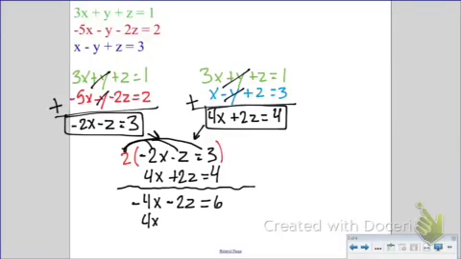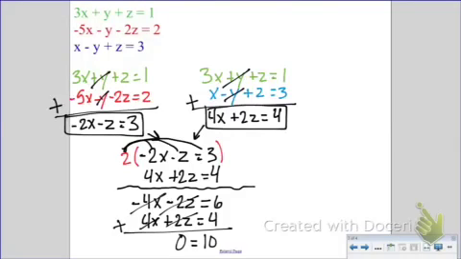Rewrite the bottom equation. Time to eliminate. Eliminate by adding will make the z's go away. Negative 4. Oh, look at that. X's also go away. So I have 0 equals 10. That is wrong. So again, remember, just like with the system of two equations with two variables, same thing in a system of 3 variables, 3 equations.